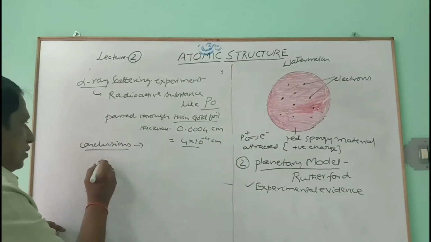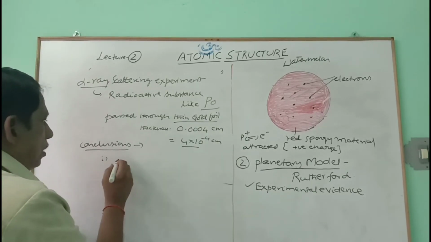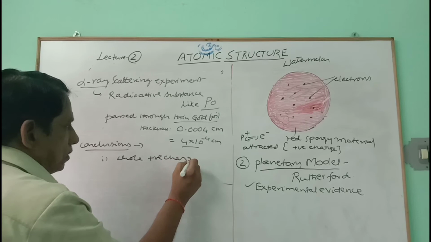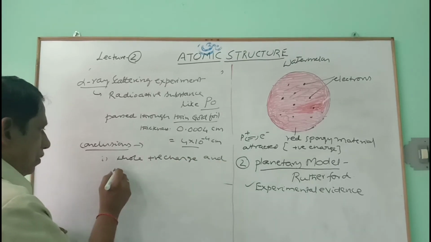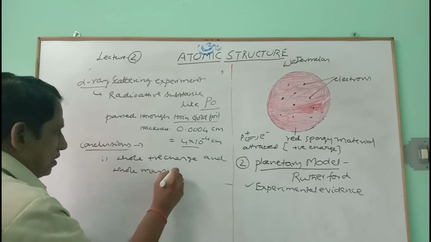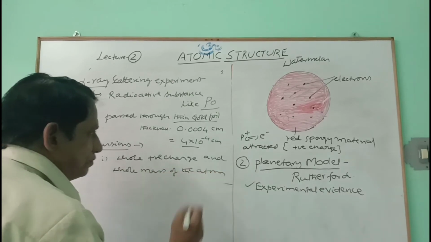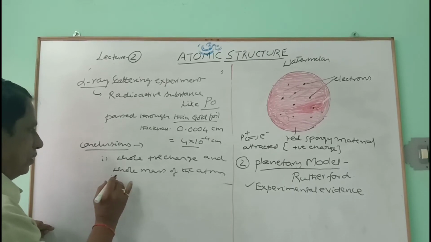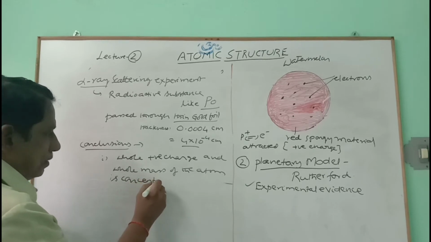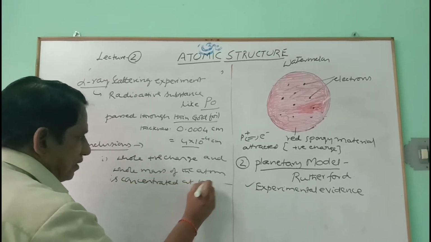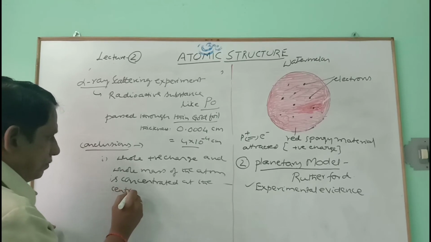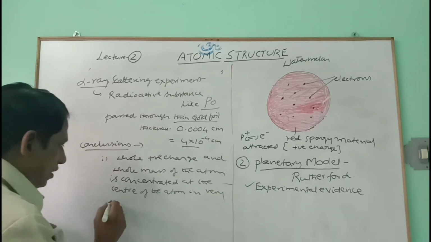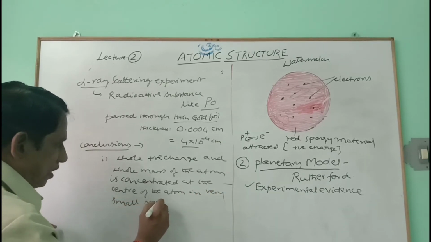That is more important. Basing on the conclusions only, we can write the atomic model. First, the important conclusion is the whole positive charge and whole mass of the atom is concentrated at the center of the atom in very, very small space.